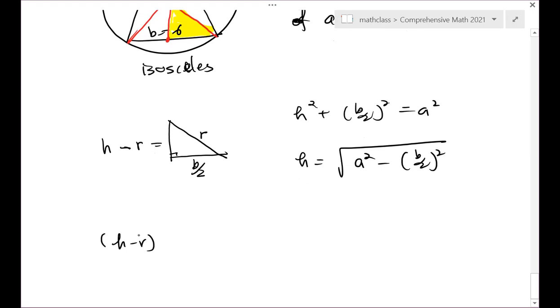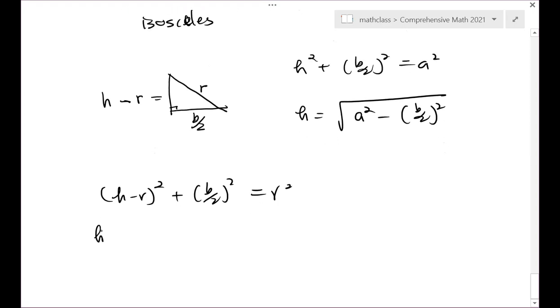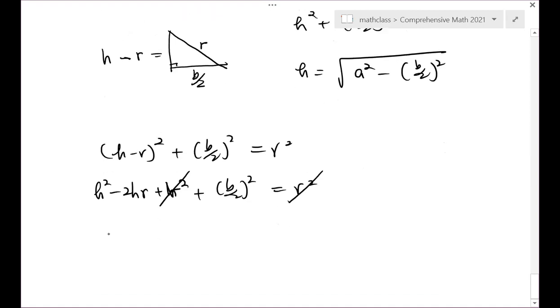So h minus r squared plus b over 2 squared equals r squared. Expand it. So r squared is gone. What I get is 2hr equals h squared plus b over 2 squared.